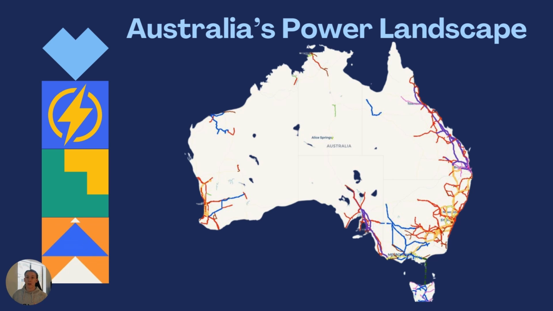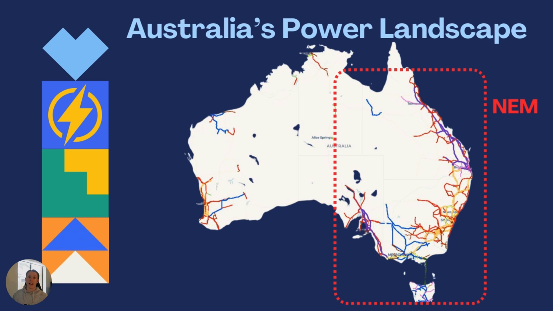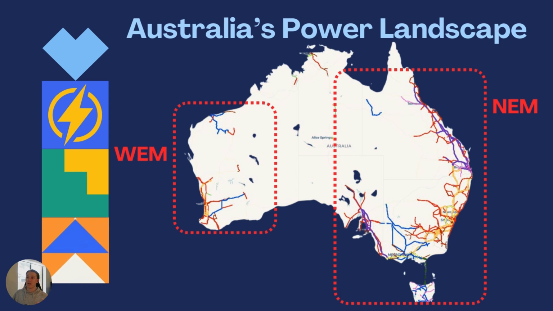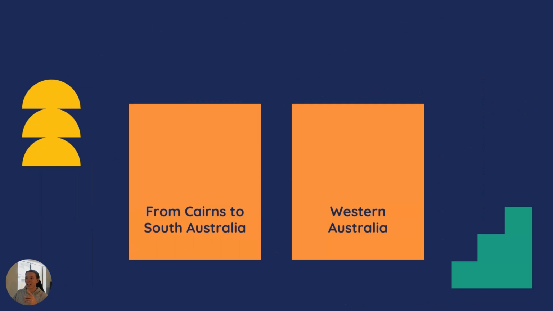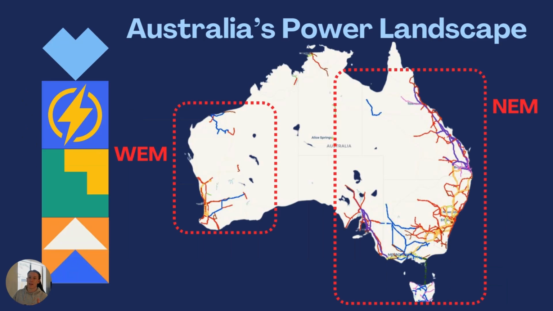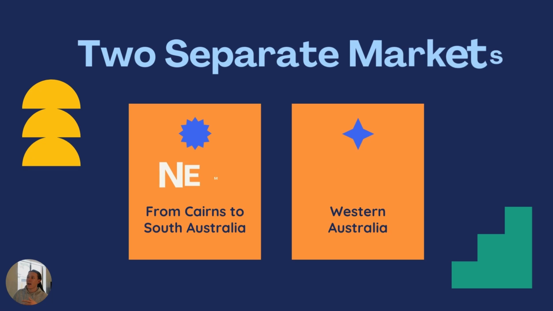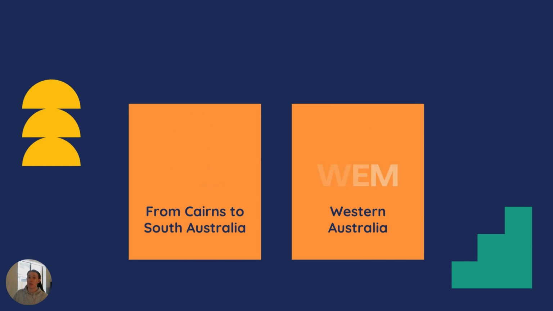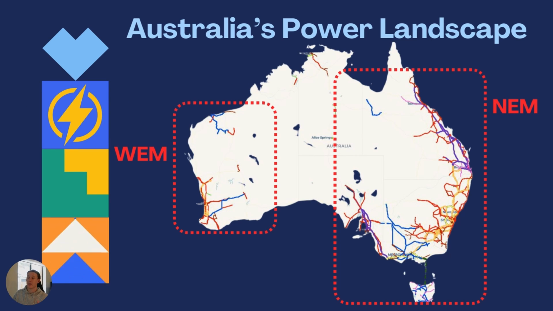These splits are what we call the NEM, which is the interconnected system down the eastern side, and the WEM, which is the Western Australia South West Interconnected System network.